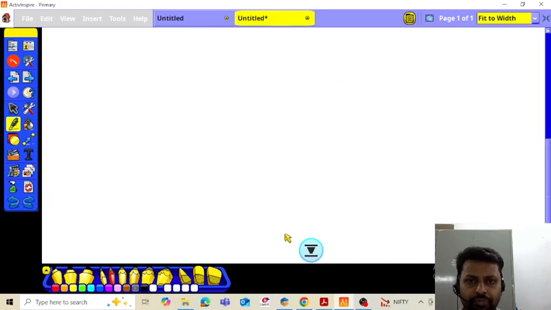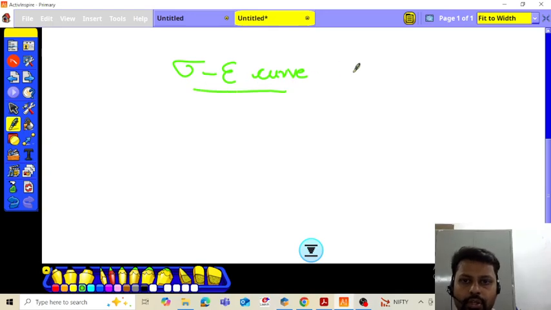So one more graph which we will talk about, and then we will move to the problems, is a stress strain curve. I will use a stress strain curve for a mild steel bar.